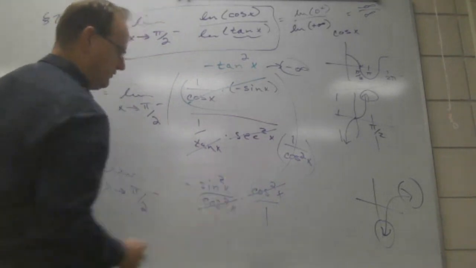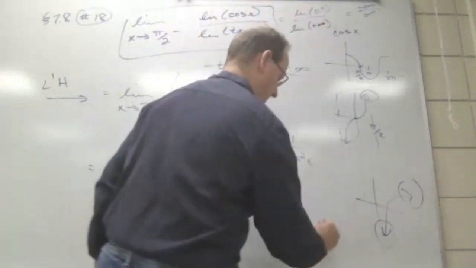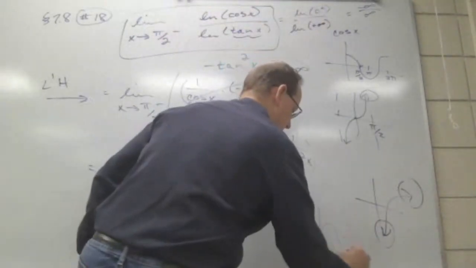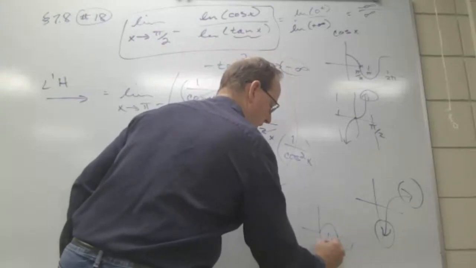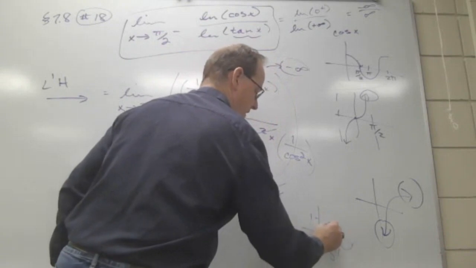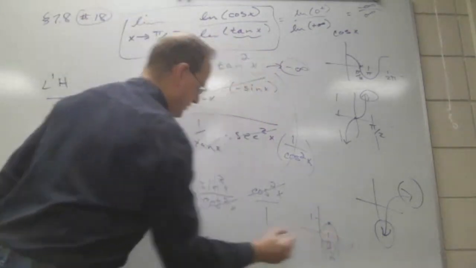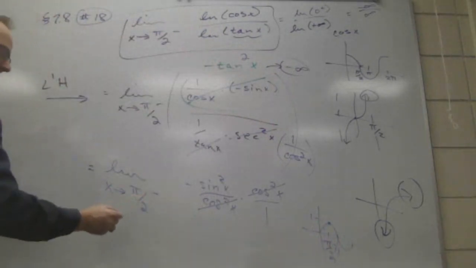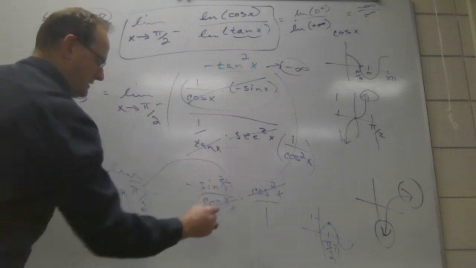Okay, and then we get the limit as x goes to pi over 2 of minus sine x squared. Of course, sine x, what's sine look like? Sine looks like that, right? So here's pi over 2. What am I approaching? I'm approaching a height of 1 from the left. So now I can go ahead and plug in pi over 2 for x.